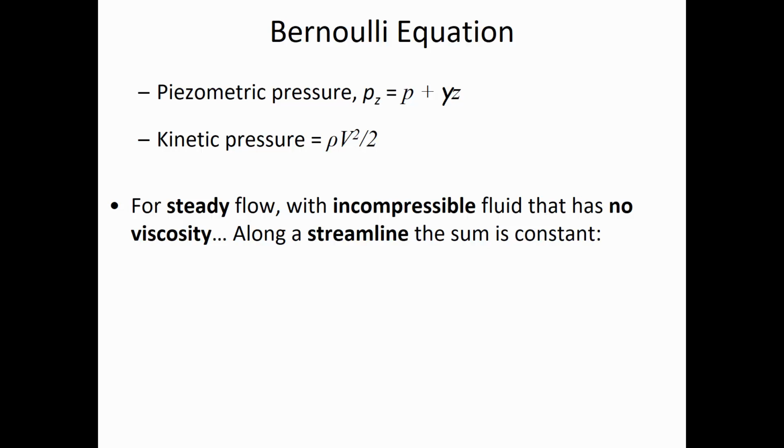And then there's this other term called kinetic pressure. Let's look at what are the units of kinetic pressure, where it's density times velocity squared divided by 2. The units of density would be kilograms per cubic meter. The units of velocity are meters per second.